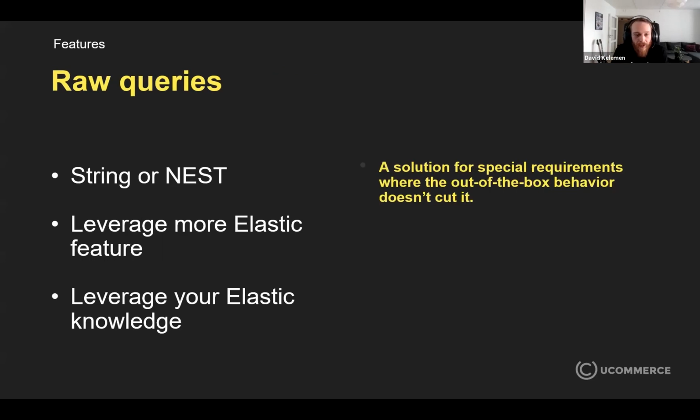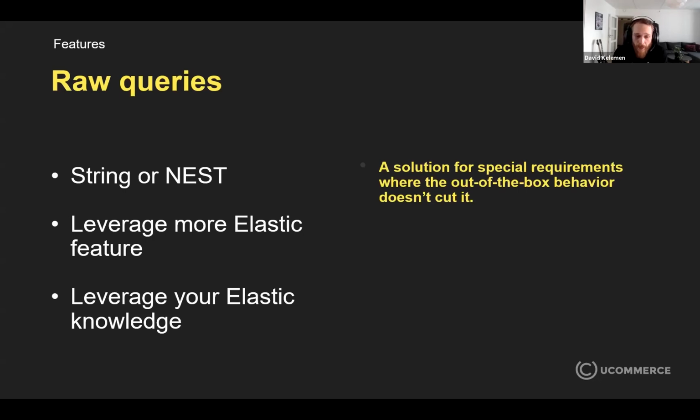And lastly, one of the outlying features is the raw queries. And I think this is pretty neat because Elasticsearch is very, very powerful. And it has a lot of features that we have not, perhaps yet, covered in the provider.